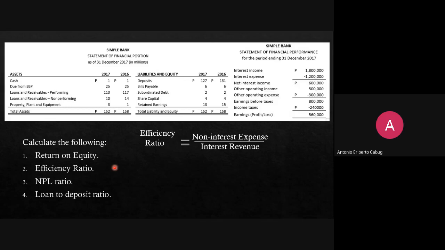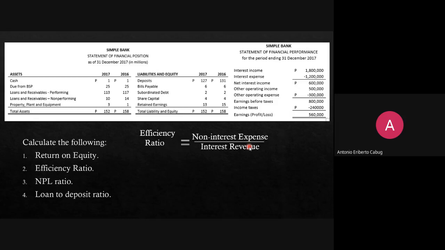Going back to efficiency ratio, it is non-interest expense over the interest revenue.